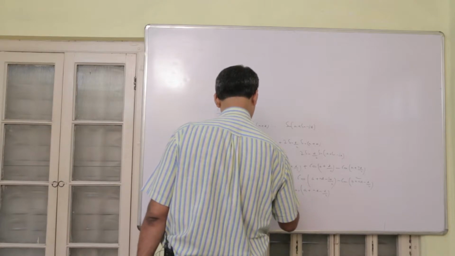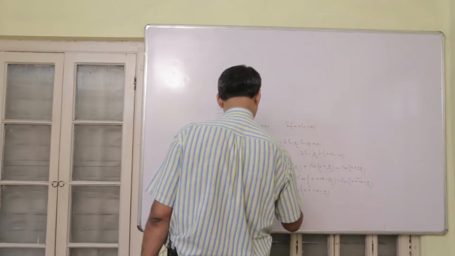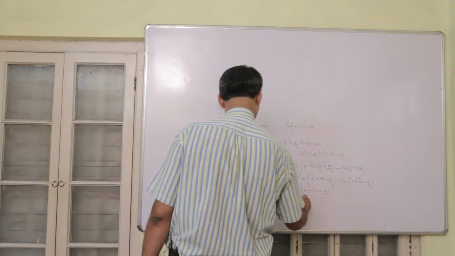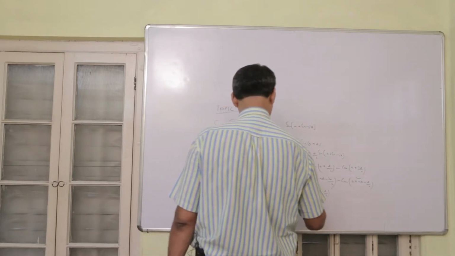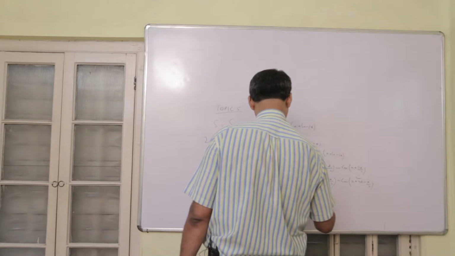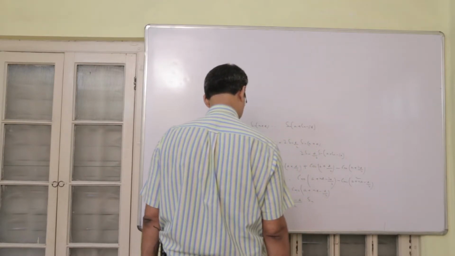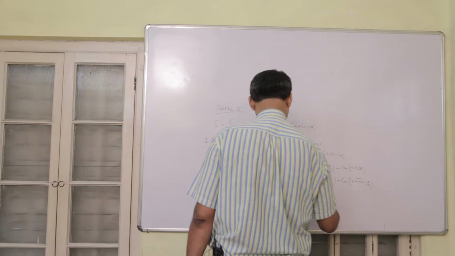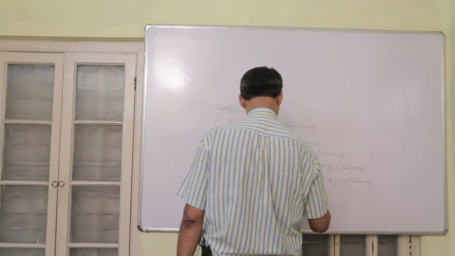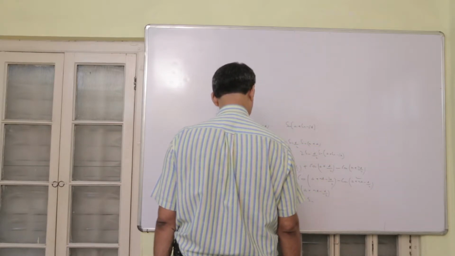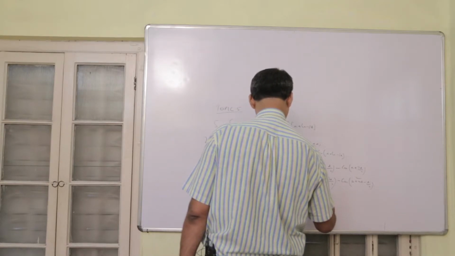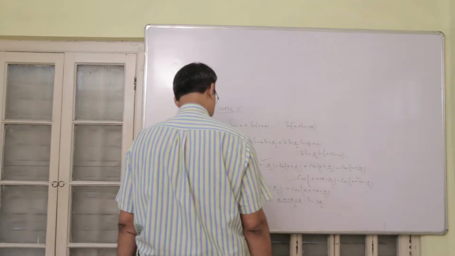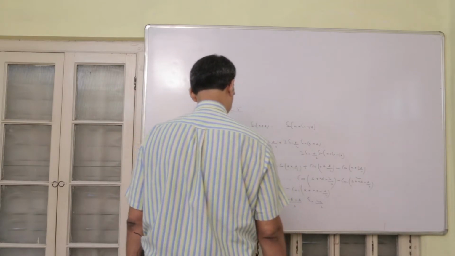So this is giving 2 sine a plus nd minus d by 2 into sine nd by 2.